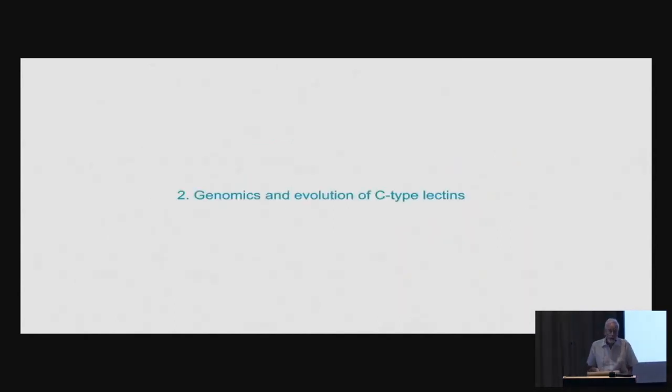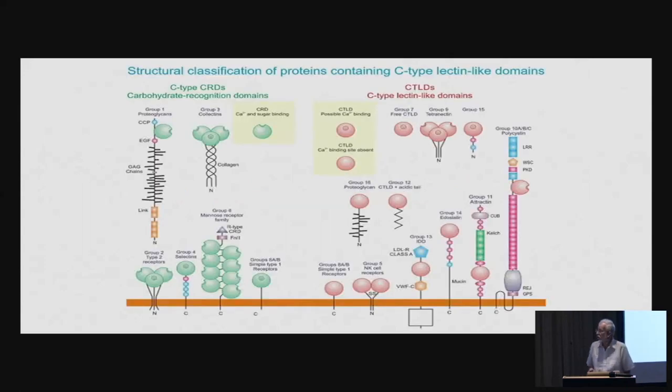So at that point, we can start screening sequences and saying where are they occurring and how many of these types of proteins are there. And so Maureen has already introduced the fact that these C-type carbohydrate recognition domains occur in many different protein contexts.